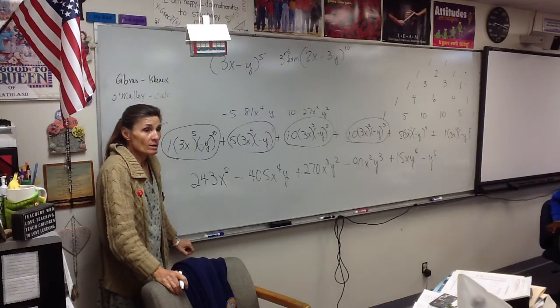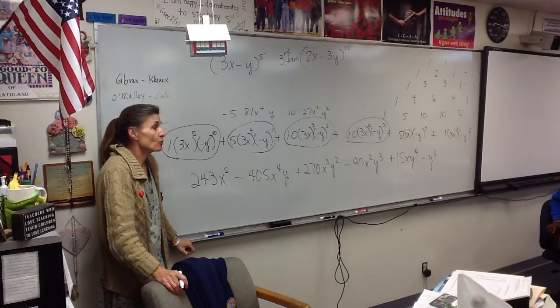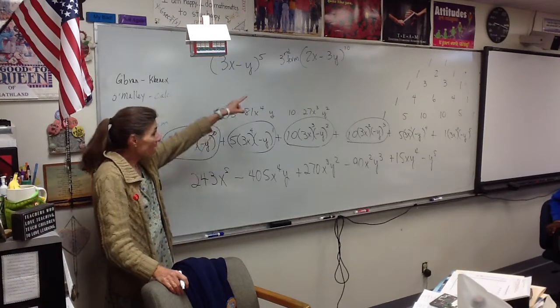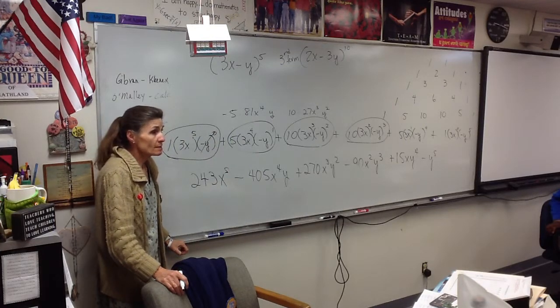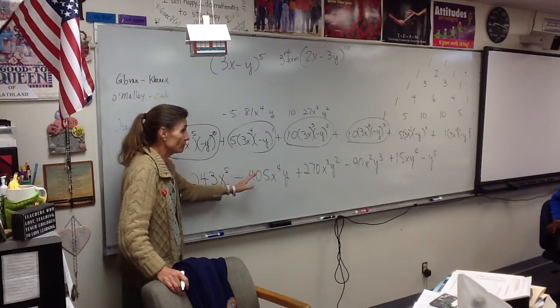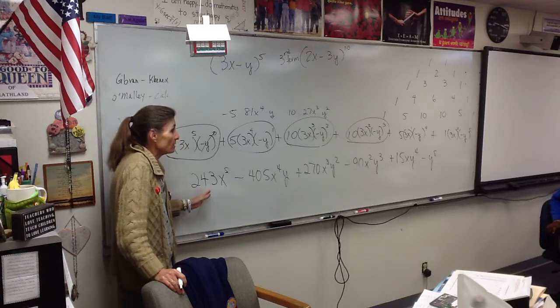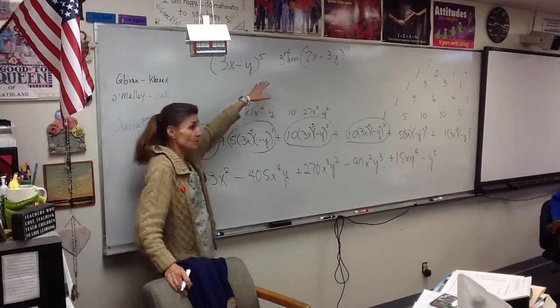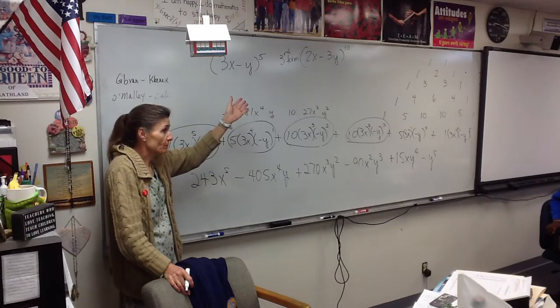Now the next question says, we need the third term of that expansion. Now really, groupies, you're going to do exactly what we did here, because what did we find here? We found 6 terms of the expansion. We found them all. So this is actually a little easier. You don't need them all. You only need one of them, the third one.